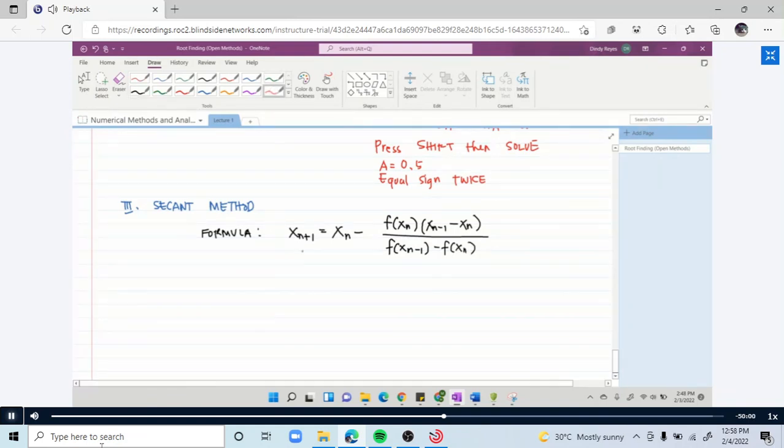Okay, again, ito yung next estimate. Ito yung current. Ito namang x sub n minus 1, ito yung previous estimate.